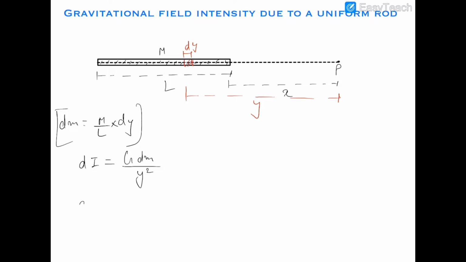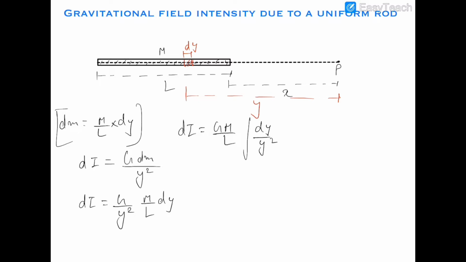So let us substitute the value of this dm. dm is m by L into dy, and dI will be G m by L integration dy by y square.